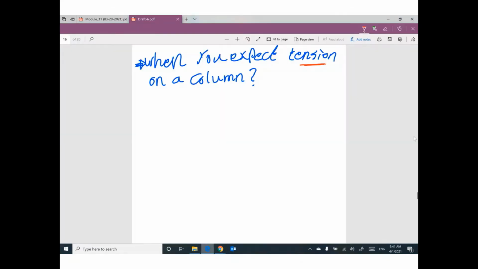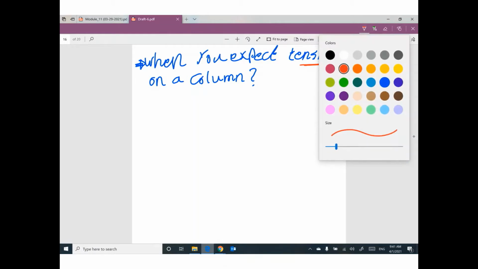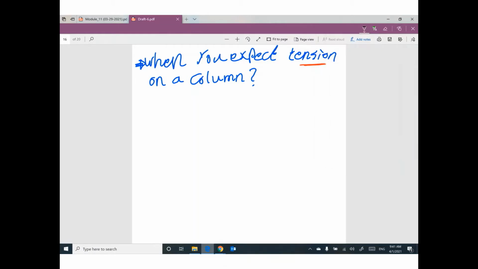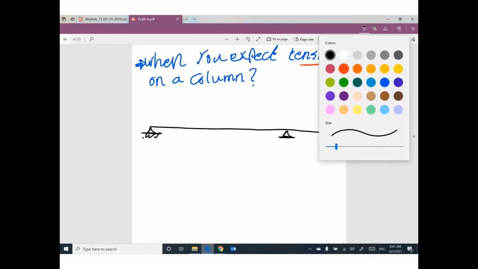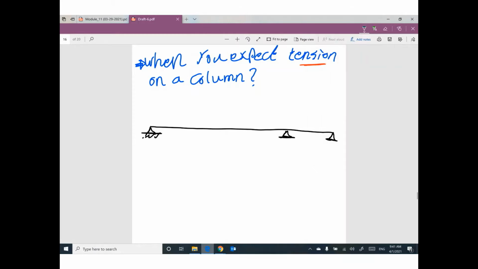Okay. Your situation, Burak, is not recommended. Can you see? If we have a continuous beam like this, we have a beam supported by 3 columns.